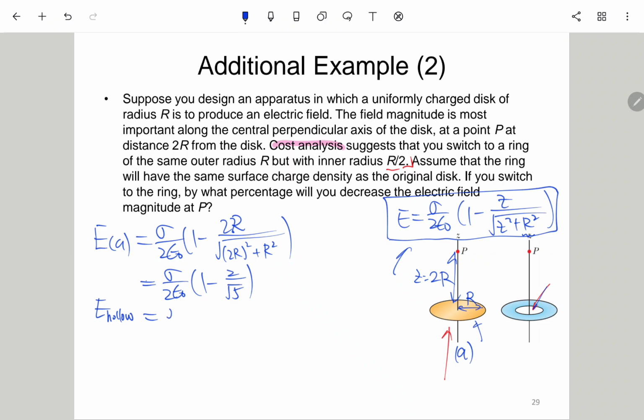The only difference is that we still have sigma over 2 epsilon naught, because the surface charge density doesn't change at all. And then 1 minus, the distance is still z equals 2r, so we still have 2r here, and then square root of (2r) squared. But for the hollow part, the radius is reduced to half of r, so here we have (half of r) squared. So this is actually sigma over 2 epsilon naught and then 1 minus 4 over square root of 17.